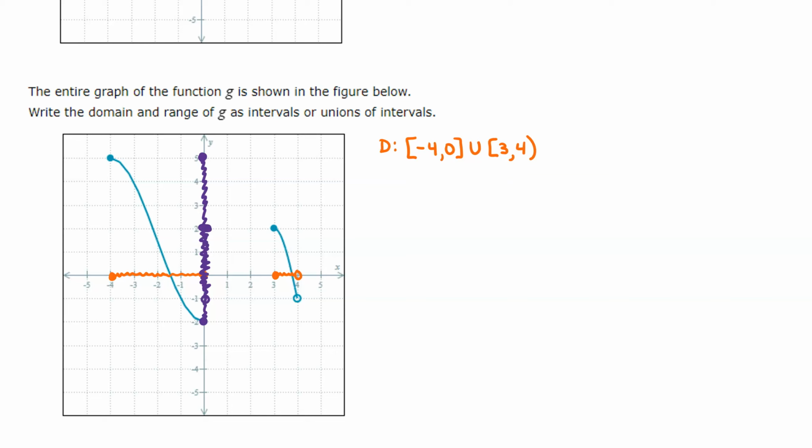But you can see those were already colored in. And even though this point for -1 is not included, this point over here is included. That was (-1, -1). And so -1 does get covered in the range. So the range of the entire graph altogether is -2 up to 5.